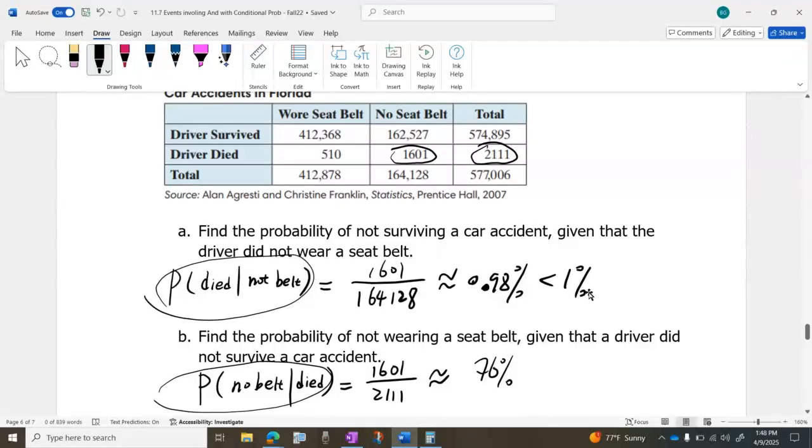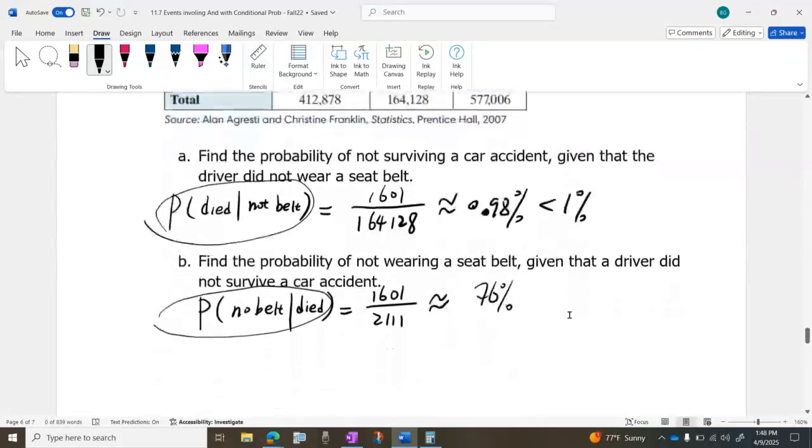Even if it is a low percentage, it's almost 1%, almost 1 in every 100 people. Every 100 people who do not wear a seatbelt while driving, one of them died. That's still very significant because the consequence is very severe.